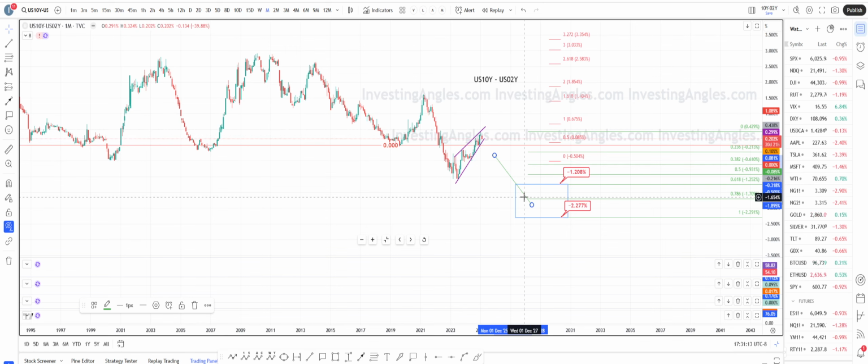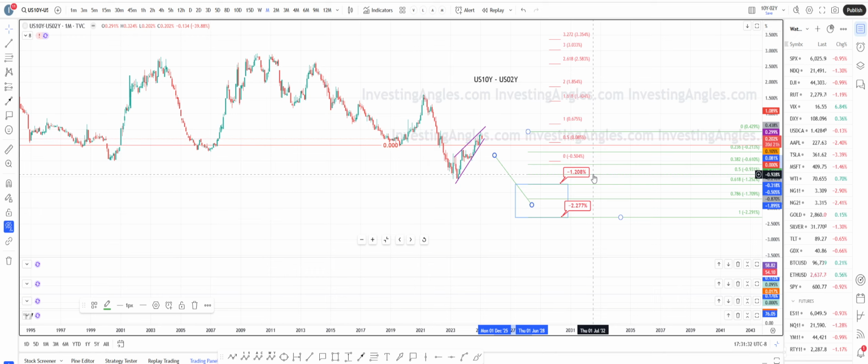Well, let's see what happens. The next step is just to check whether the spread turns negative, then whether it breaks the support level at minus 0.114, and if it does, then the path down towards these lines will be open.